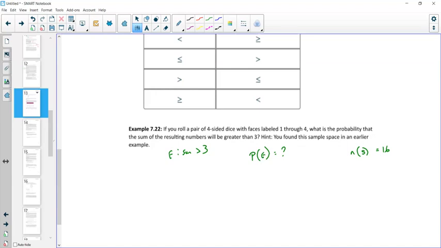Okay, we can look at this real quick. What are the possibilities here? Well, E complement would be sum less than or equal to 3.